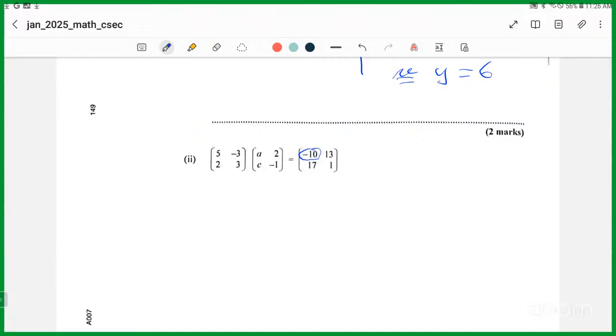Negative 10 is the product of this row and this column. So we can set up an equation based on that. Alright, so let's do it. It is the 5, negative 3 times the AC, that is equal to negative 10.